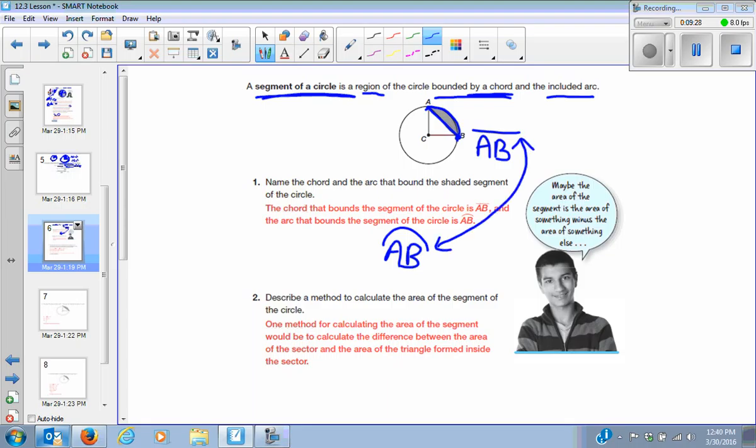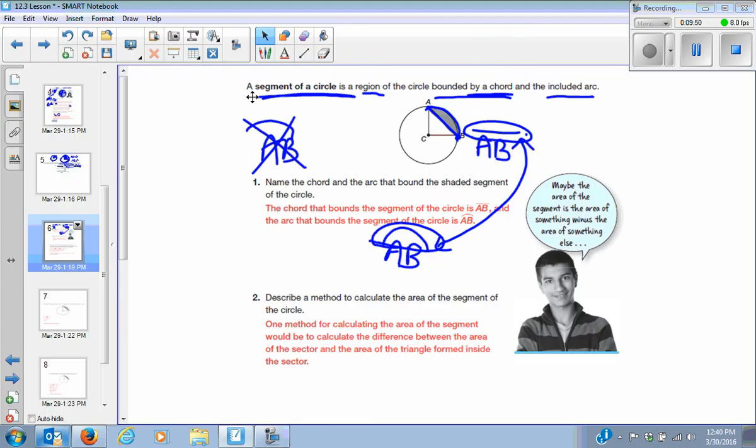Some of you didn't put them. Some of you mixed them up. You've got to start being more specific, because if you put arc AB for a chord, that is wrong. If we're talking about a segment, you have to have the line segment symbol in it. If we're talking about an arc, you have to have the arc symbol, and you cannot have the line segment symbol. So please, pay attention to those details. All right?